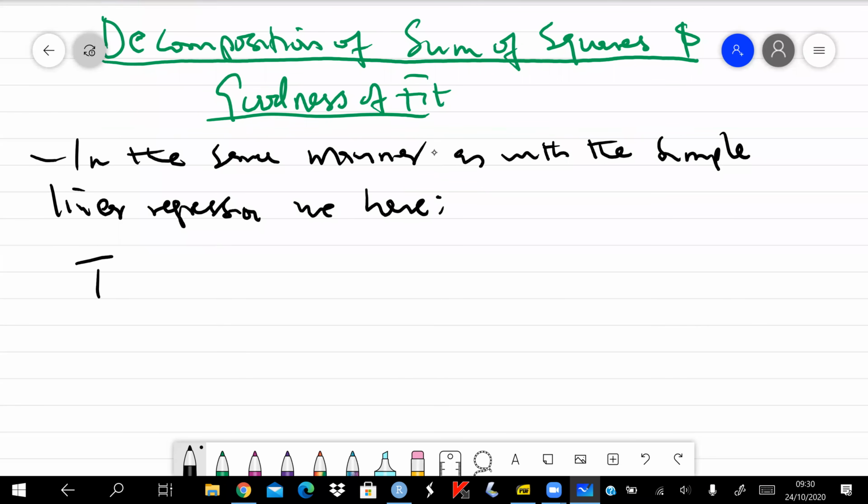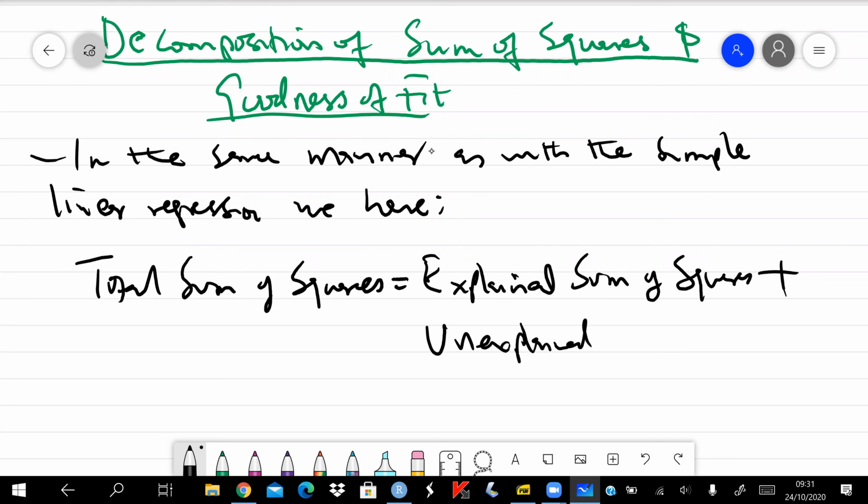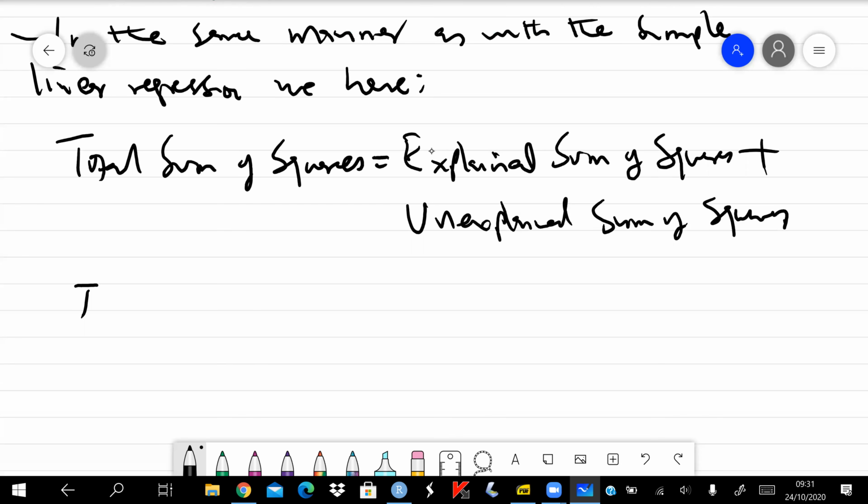We have total sum of squares is equal to the explained sum of squares plus the unexplained sum of squares.